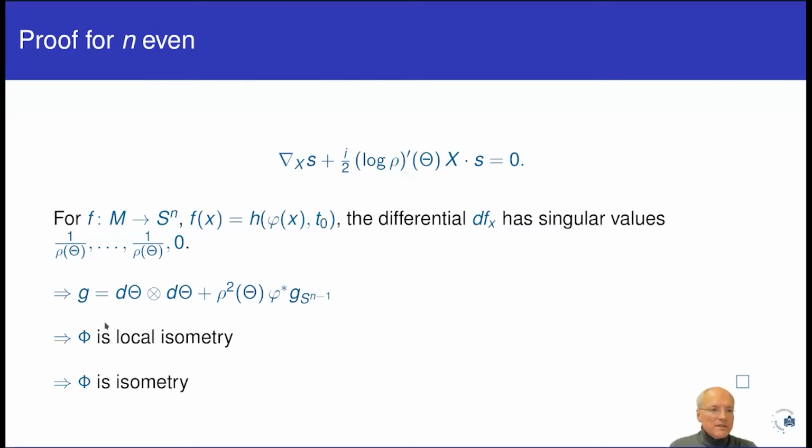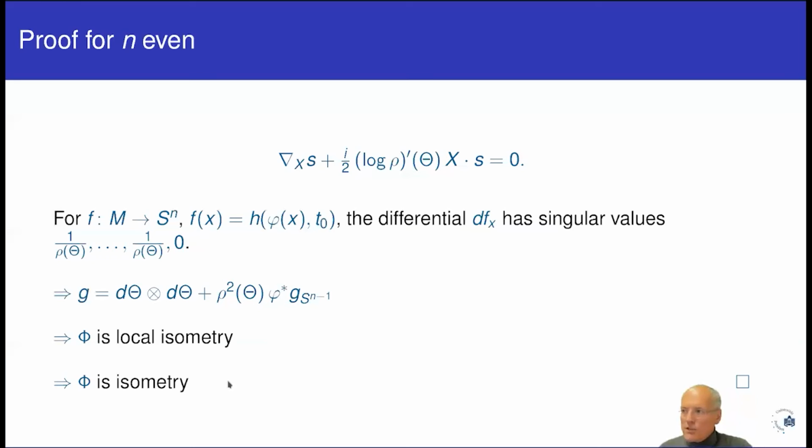And from that, it's easy to deduce that your metric must actually be of this form. In other words, you have proved that your map phi is a local isometry. Since the domain is connected and the target is simply connected, it's actually a global isometry. And that concludes the proof in the even dimensions.